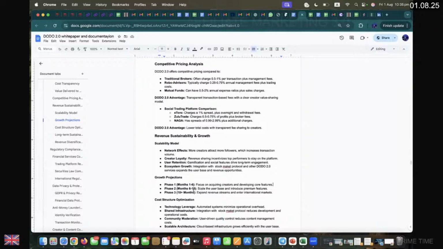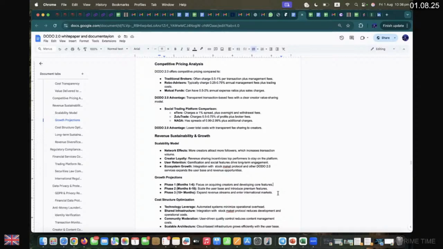In phase 3, after 18 months, we will expand revenue streams and enter international markets in terms of user acquisition from various jurisdictions as well as different stock markets. Let's say we start with one stock market and we enter into other jurisdictions, different stock markets in various countries.